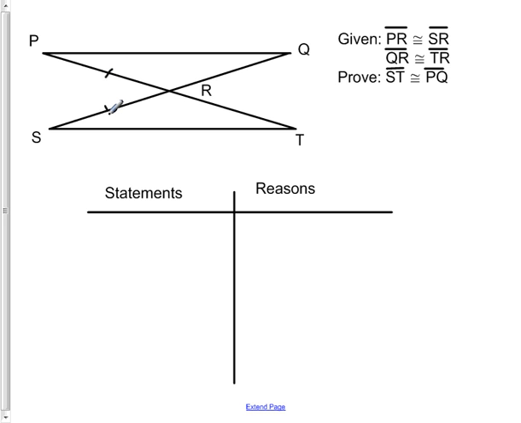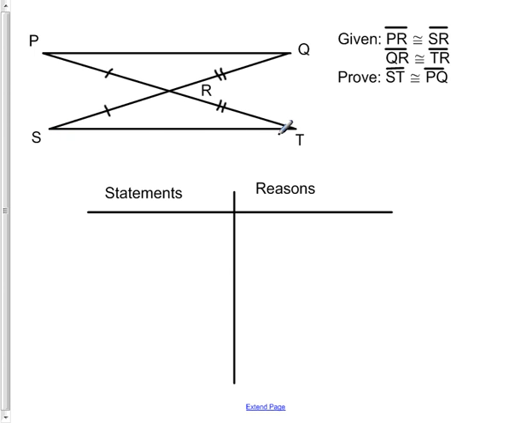PR is congruent to SR. Great. And then QR is congruent to TR. So I'm going to mark that differently because those are not necessarily the same as the other lines. So this is what's given to you, and it's asking you to prove that PQ is congruent to ST.